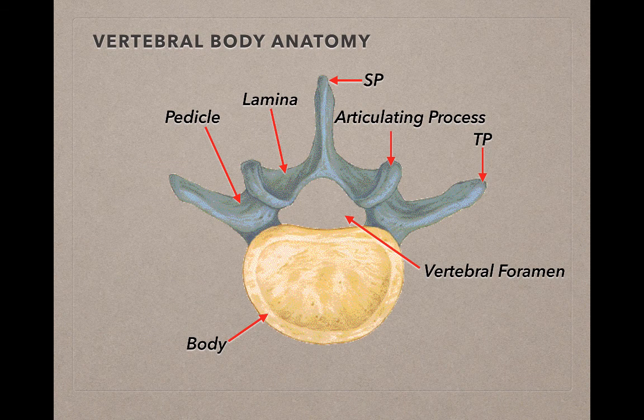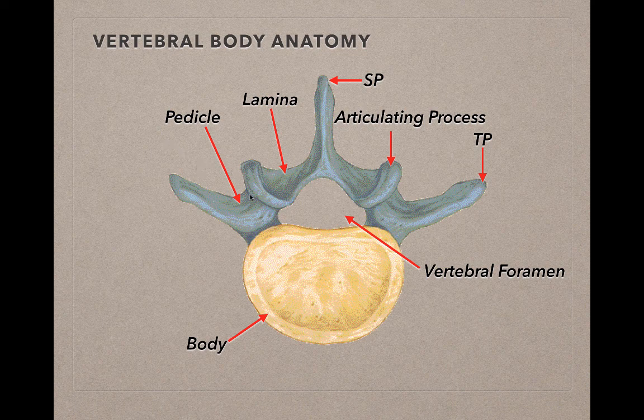All right, so this is a typical vertebra that shows some of the typical bony landmarks. So let's talk about these and then move on to more specific aspects of each. The pedicle is the segment between the transverse process and the vertebral body.